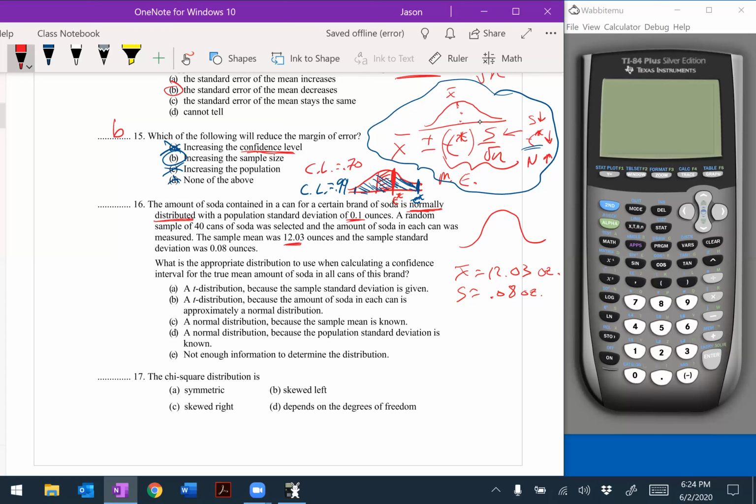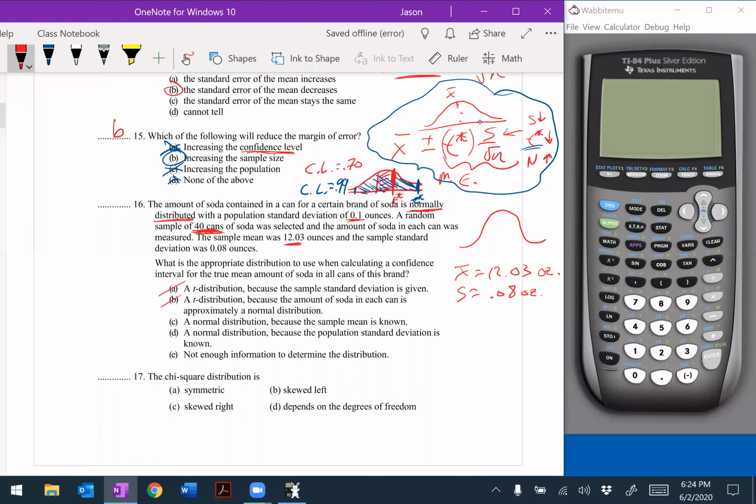So if the population is normal, then I'm going to want to go with a normal distribution and not a t distribution. And also the number of cans that we're working with is pretty large. You only use t if your number of cans is really small, or if it's a skewed distribution. So t is out of there.